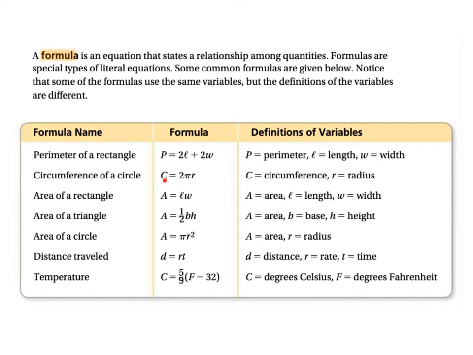Be careful that you don't assume what a variable is standing for, and you really have to define it, unless it's a well-established formula that everybody knows what C is in this particular formula, let's say. But you might be missing one particular piece of information, and that would be the one that you're going to isolate so that you can plug all the other numbers in and they're all on one side. Easy to simplify down to the answer. So let's try this.